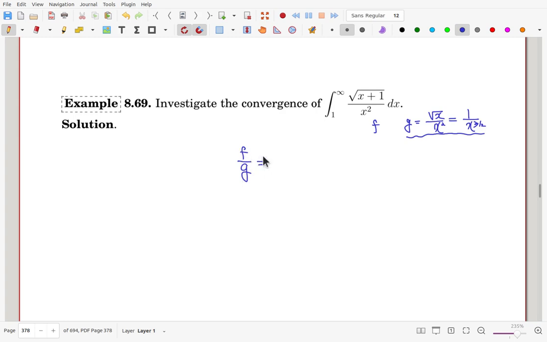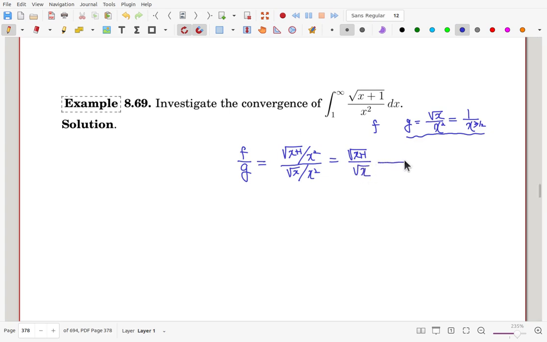The ratio f over g is square root of (x plus 1) over x squared, divided by 1 over x to the 3 over 2. If we multiply the top and bottom by x squared, it becomes square root of (x plus 1) over square root of x.